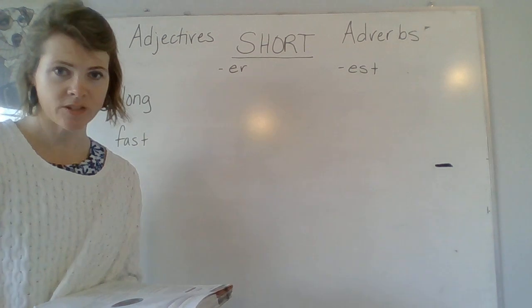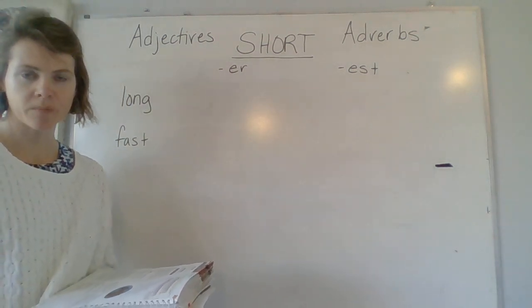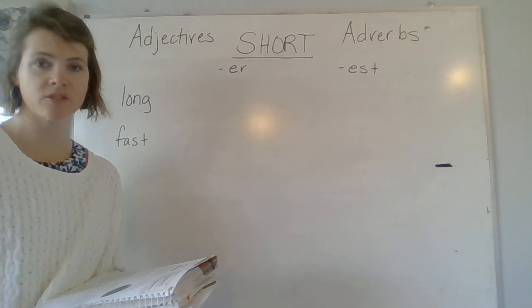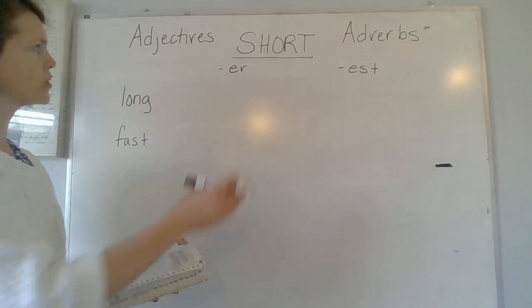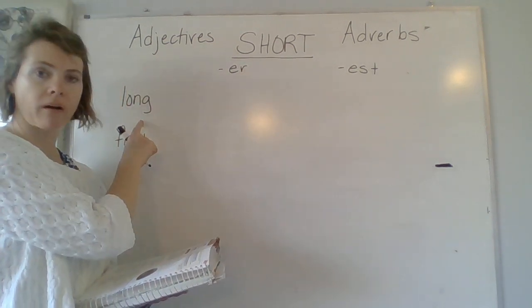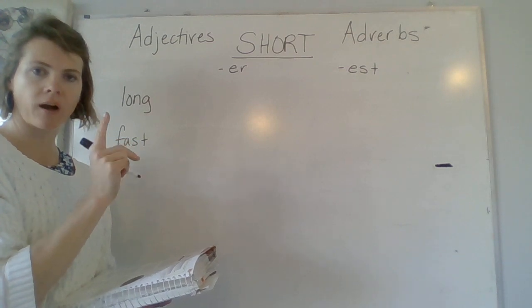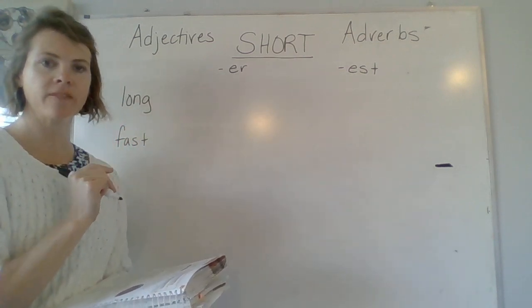All right, we learned yesterday that when we are using adjectives and adverbs, we have to change their endings, their suffixes sometimes, depending on the length of the word. So when we have short adjectives and adverbs, like the word long, that's one syllable, long, or the word fast, fast, that's one syllable, fast.